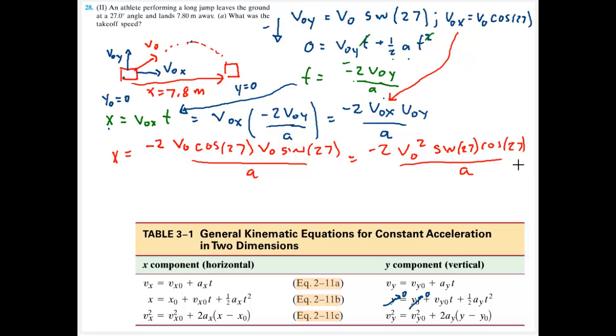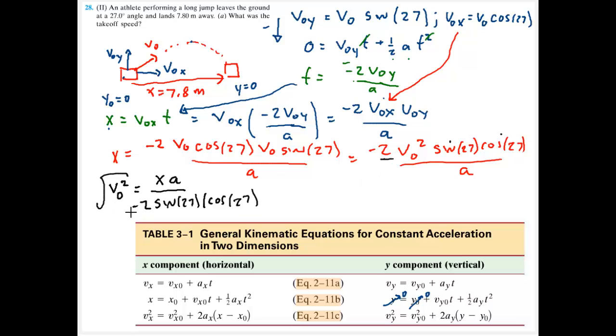I'm going to multiply both sides by a. I'm going to divide both sides by 2, divide both sides by sine 27, divide both sides by cosine 27, and I'm going to be left with v naught squared. So I'm going to say v naught squared is equal to x multiplied by a divided by sine 27 and cosine 27. Divide both sides by negative 2.